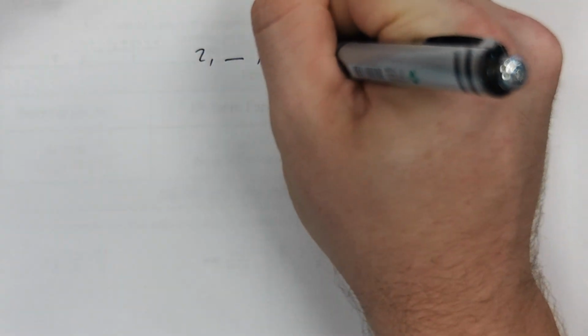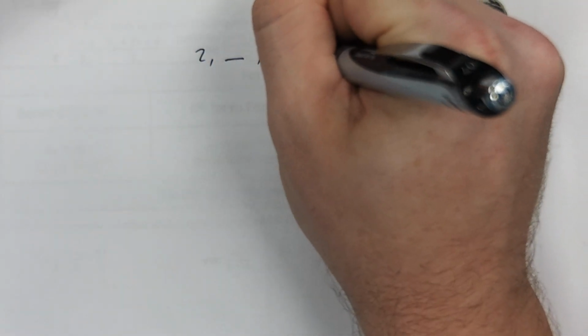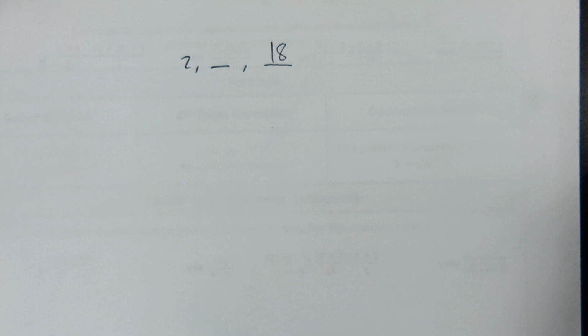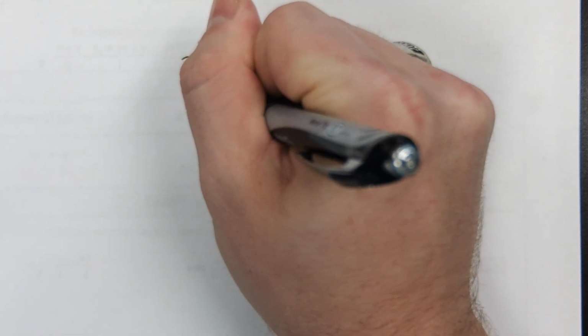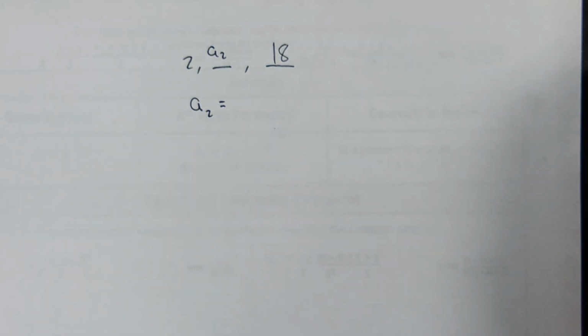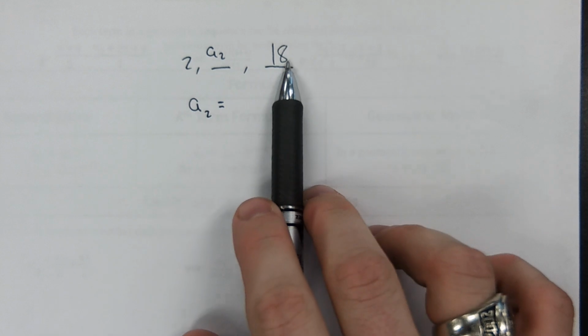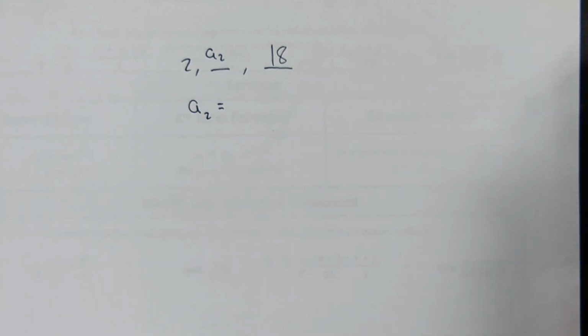So let me write up something real quick. 2, blank, and then 18. And I say this is geometric and I want you to find the missing number. Can we agree that to go from 2 to 18, I had to multiply by r twice?